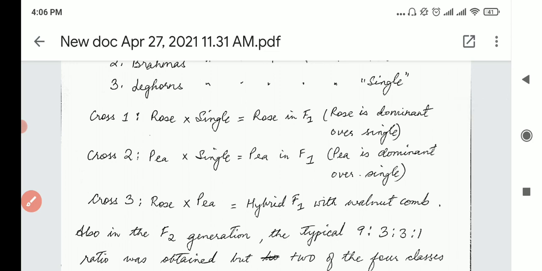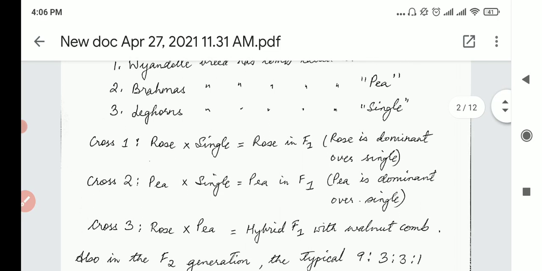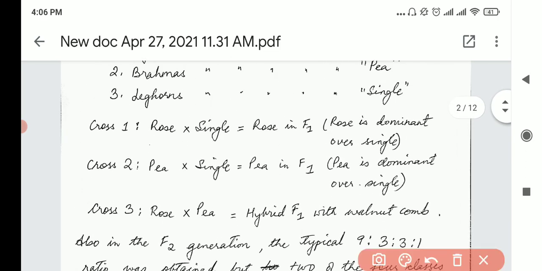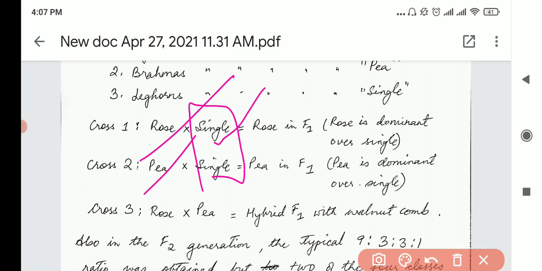Now, if we breed a rose and a single, in the F1 we will find a rose, because rose is dominant over the single. If we cross pea and single, again we'll get pea because pea is dominant over single. So you can conclude that single is the recessive one.